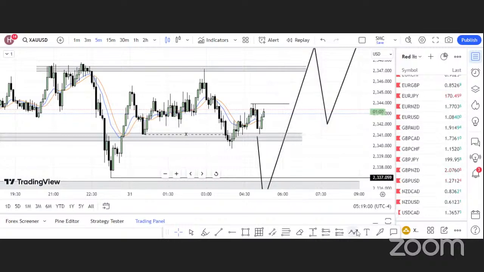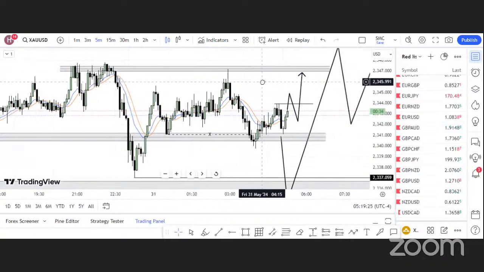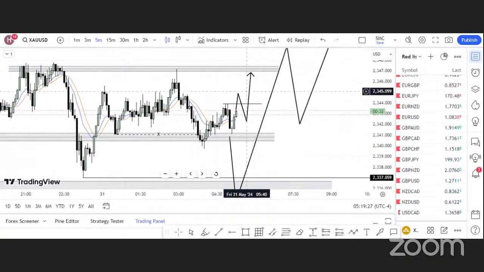But what we are waiting for right now is we want the market to go above this level, possibly make a retest and then come up to this level. So the breakout is our entry confirmation. Once the breakout happens, the next thing I'll be waiting for is for the market to come back into the 50% of this fair value gap.